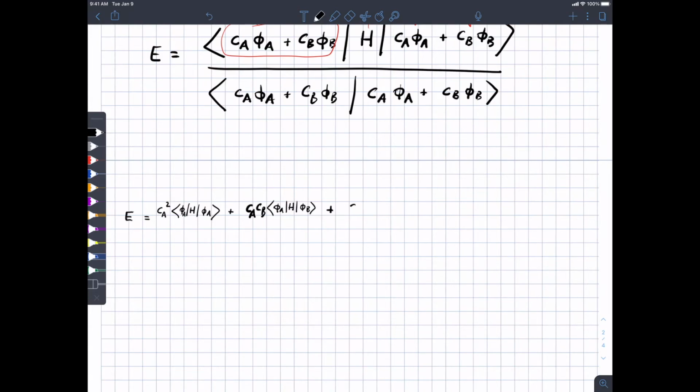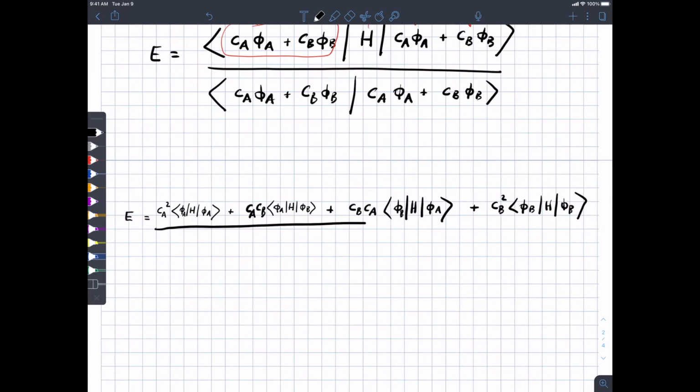We're going to have another term, CB times CA. This is going to be for the Hamiltonian applied to wave function A, multiplied by wave function B, and integrated over all space. And then the last term here is a CB squared term for the Hamiltonian applied to wave function B, multiplied by wave function B, and integrated over all space.